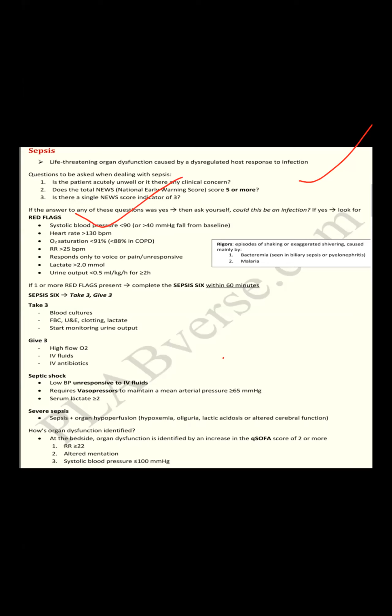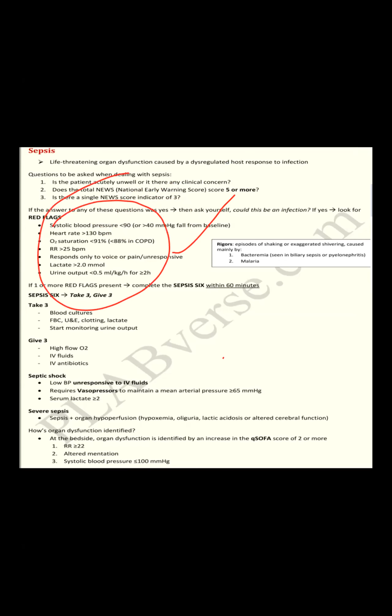We have to remember: systolic blood pressure below 90, heart rate above 130, saturation below 91, respiratory rate more than 25, response only to voice or pain, lactate more than 2, urine output below 0.5, below 1.5.